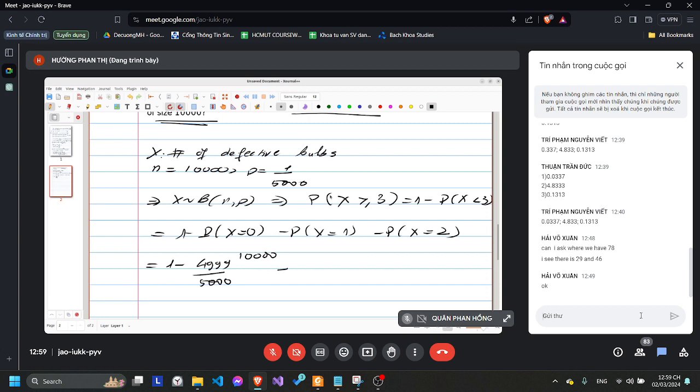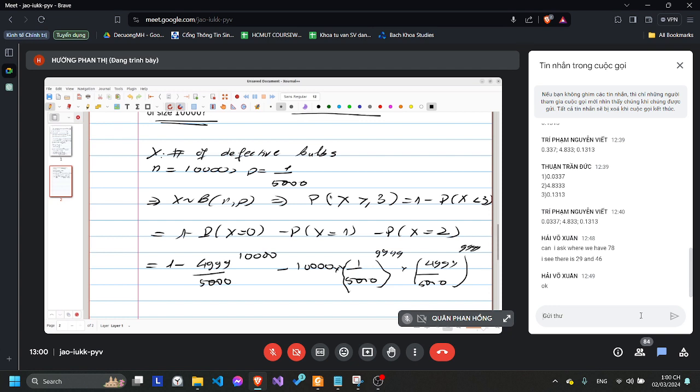Minus, for S equals 1, so k equals 1. We have C 10,000 choose 1, p is 1 over 5,000, power 1, times 4,999 over 5,000 power n minus 1, which is 9,999.